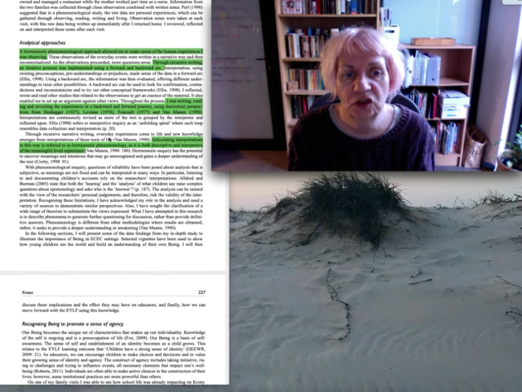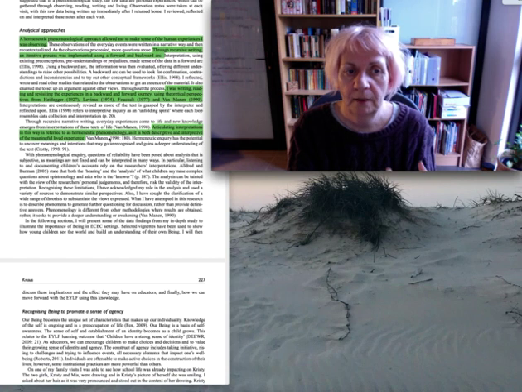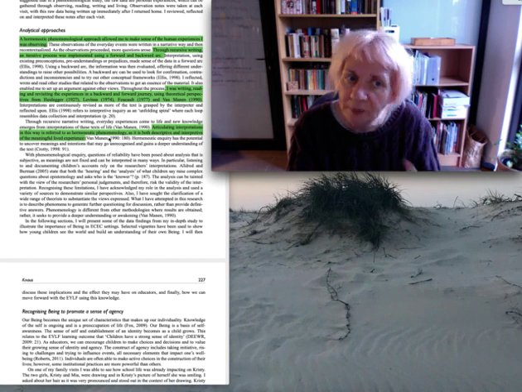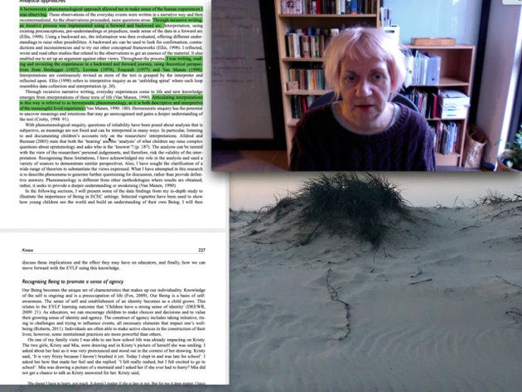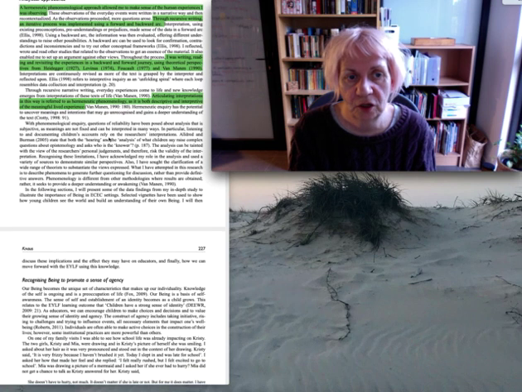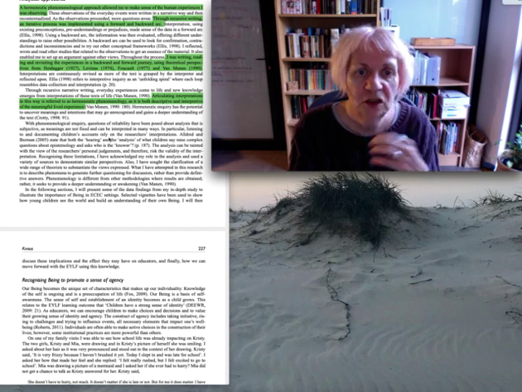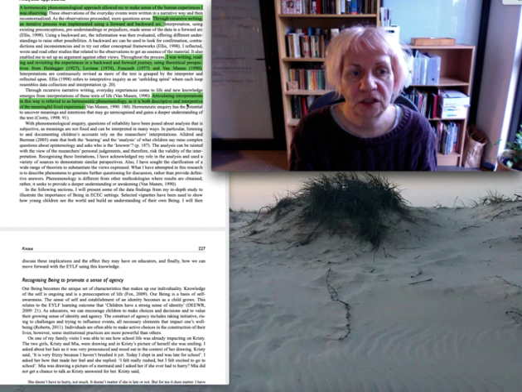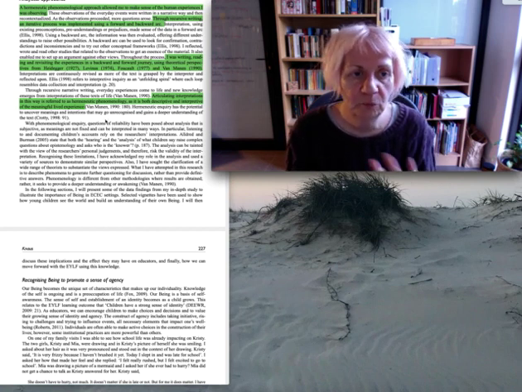And so she's listing all the theorists that she's reading, and how their thoughts around being and existence are informing her as she's observing these field events in the early childhood spaces she's researching.